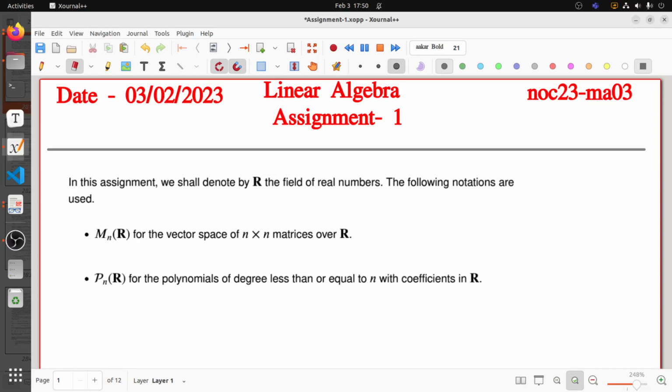Is this the same? Let me check 64 square and 4 to the power 6 in the calculator. Just 1 second. Okay. So these two are the same.